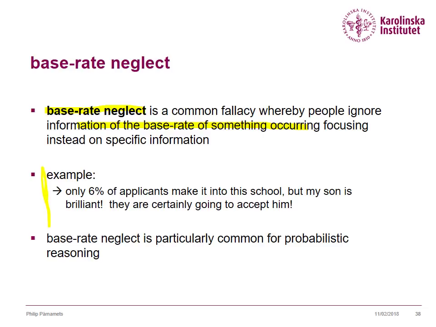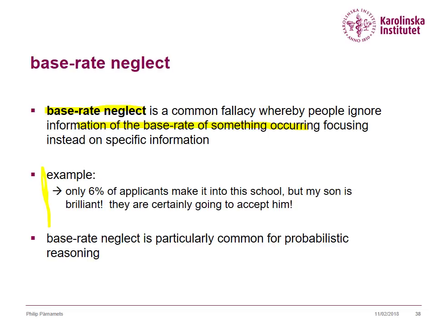Imagine someone saying the following about their child. "Only 6% of applicants make it into the school, but my son is brilliant. They are certainly going to accept him." So what might be the problem with this line of reasoning? It certainly isn't that the parent's judgment about the brilliance of their child is wrong.